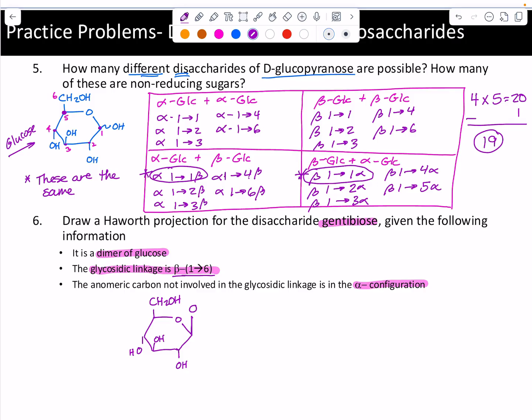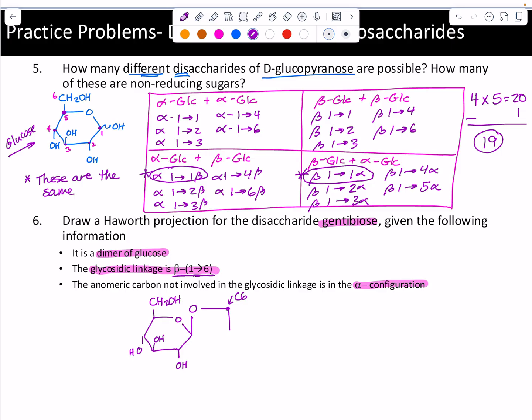Now, for my second unit, it's a 1 to 6, so I'm going to be linking up to this carbon on the second unit. So this is my carbon 6 right there.